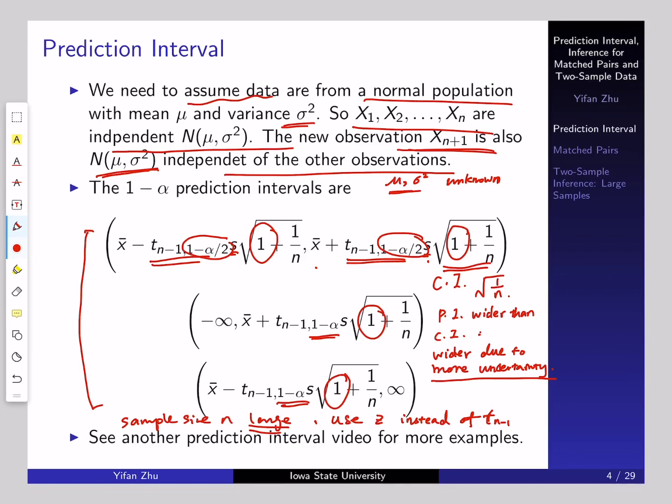I will not do more examples of the prediction interval here. Check another prediction interval video on Canvas for more examples. It is a rather short video, about 20 minutes.